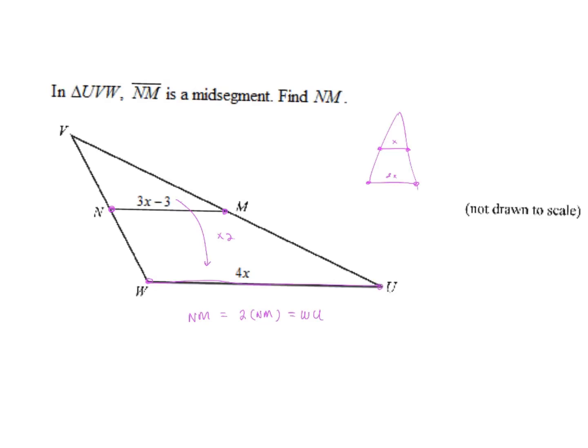So that's where I could come up with this equation, 2 times NM equals WU. So I could do 2 times 3x minus 3. All right, I've just plugged in whatever NM is equal to WU for x. Distribute, 6x minus 6 is equal to 4x.